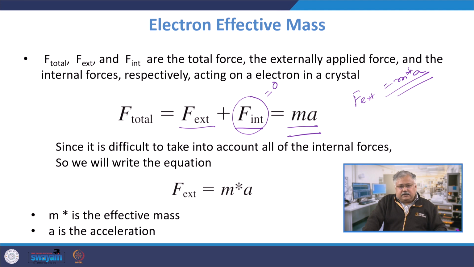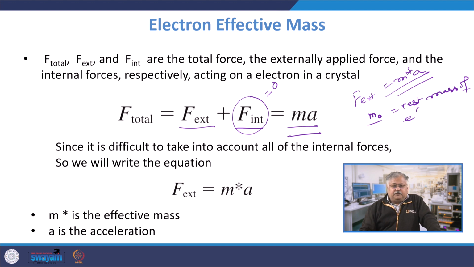Effective mass is something like this: if an electron is moving in free space, right, and let us suppose it is stable in free space and there is no electric field, then there is a rest mass associated with all the electrons, and that is given by m0, and this is referred to as the rest mass. So I have a rest mass of the electron. But when the electron is under the influence of multiple forces in a lattice, then I cannot simply write down F equals m into a.